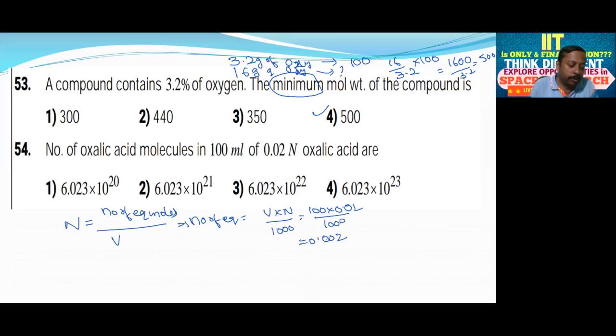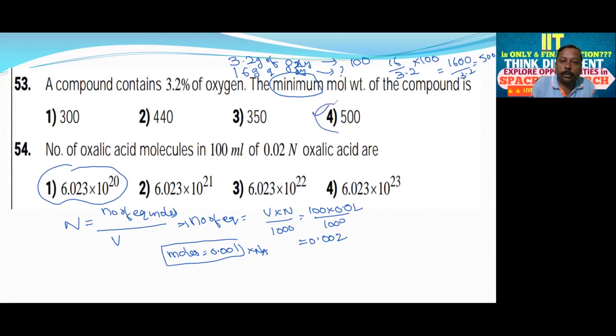These are equivalents, not moles. Moles will be half of it, 0.001, which is 10 to the power of minus 3. Multiply by Avogadro number: 6.023 into 10 to the power of minus 20. So the answer is the first option. This is the correct answer. Question 54 is first option, 53 is fourth option.